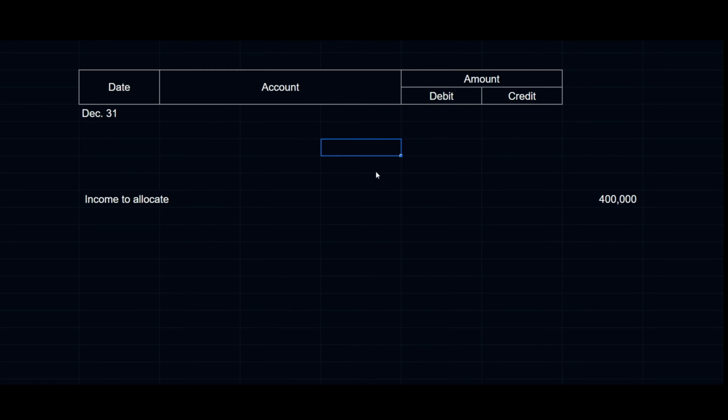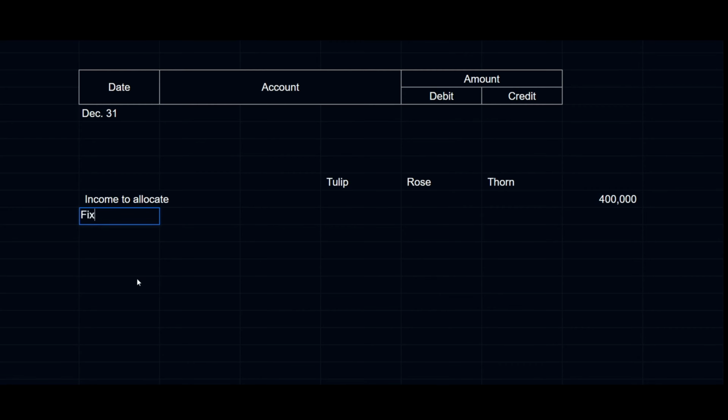Let's make a column for each partner. Now we can go about allocating this income.